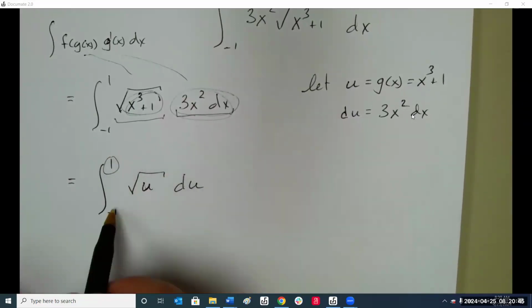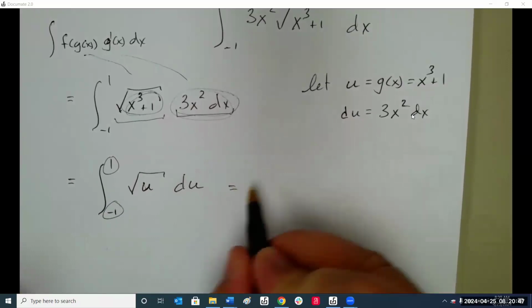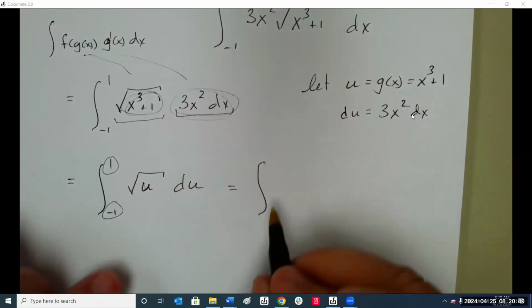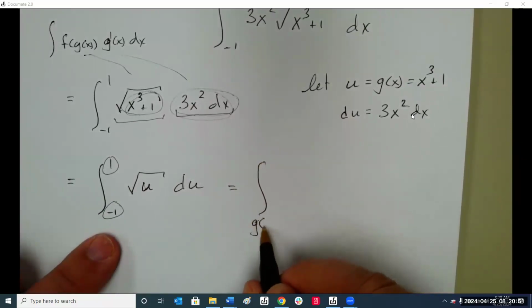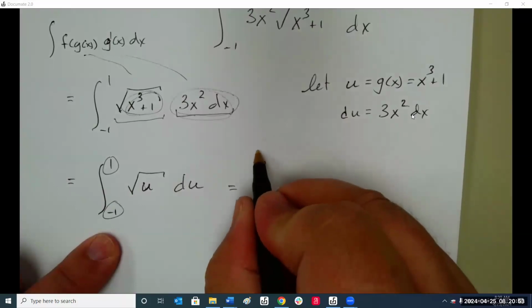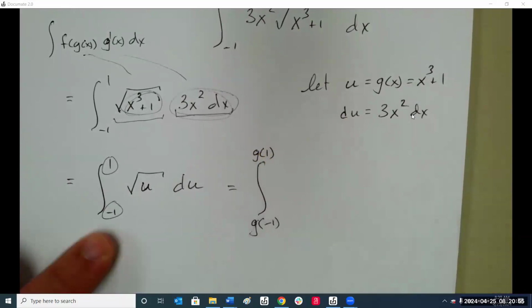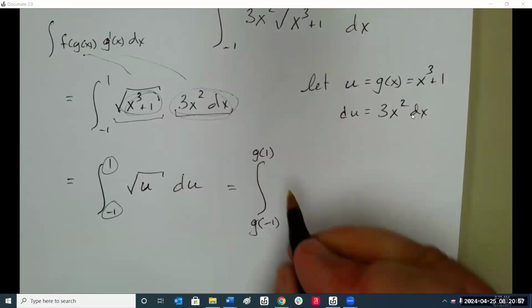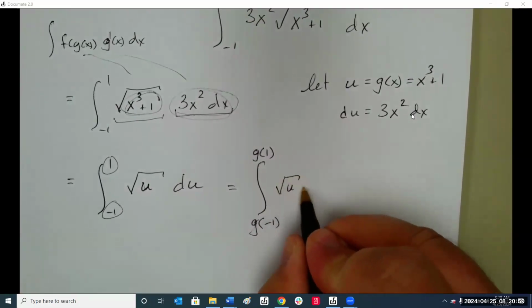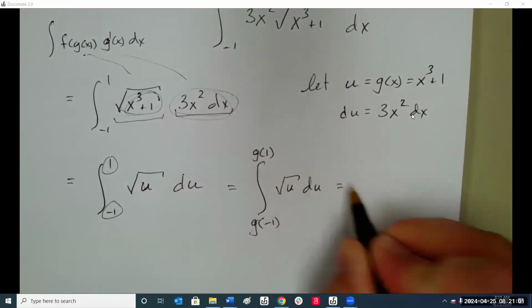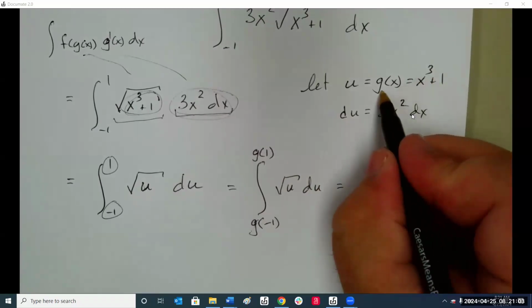Now I gotta change the bounds of integration. This one is going to be g at negative 1. This one is going to be g at 1. So here's our function g.